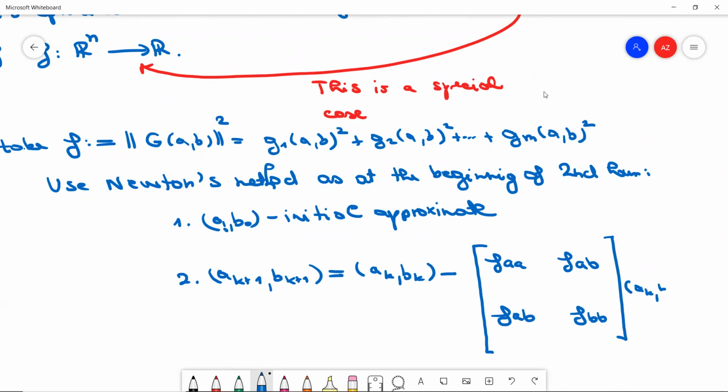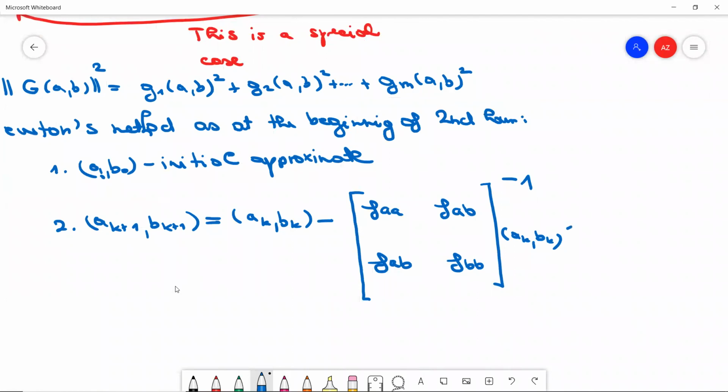And the inverse of this times the gradient of F in the point (ak, bk), and this gradient has two partial derivatives: the derivative with respect to a, and then the derivative with respect to b.